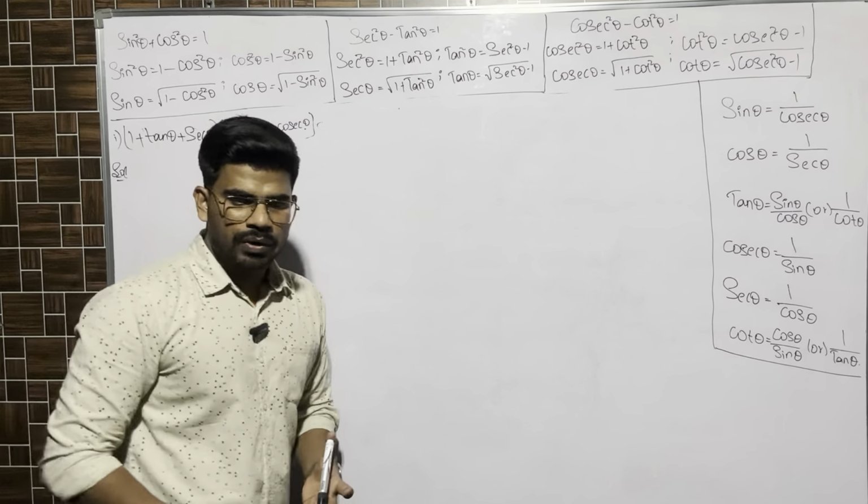So what is the value of secant plus tan? P. Instead of secant theta plus tan theta, I can write P. P into secant theta minus tan theta is equal to 1. P is in multiplication. If I send it here, it will become division. Secant theta minus tan theta is equal to 1 by P. If secant plus tan is P, secant minus tan is 1 by P.